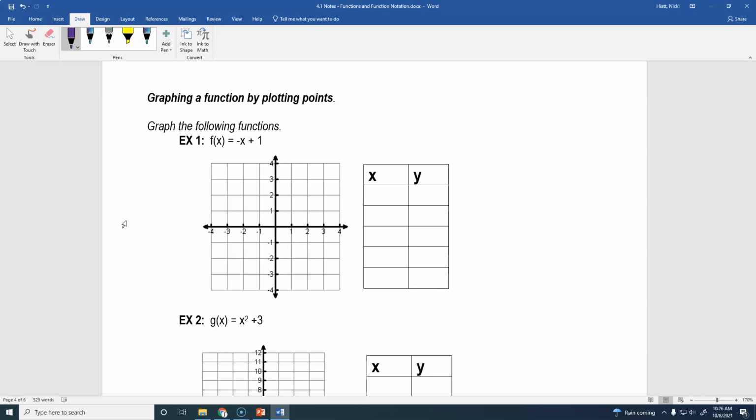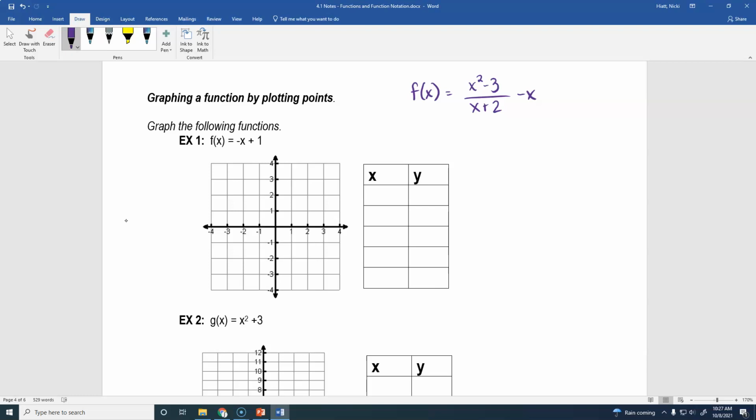I could give you super crazy difficult equations. I could give you something like f of x equals x squared minus 3 over x plus 2 minus x. I'm not going to, but I could. And you could use the same method that I'm getting ready to show you to graph anything, right?